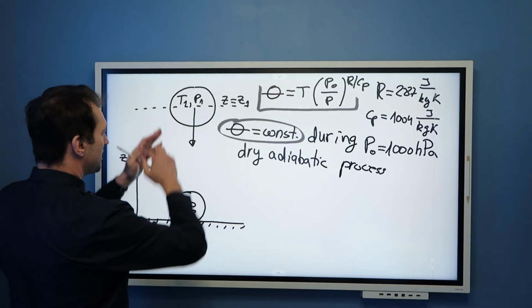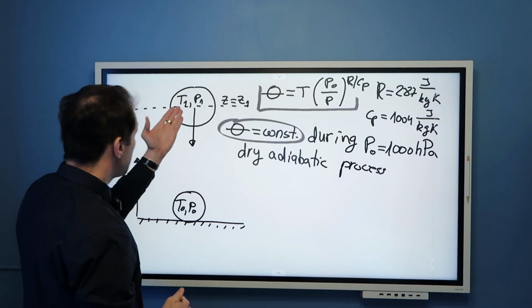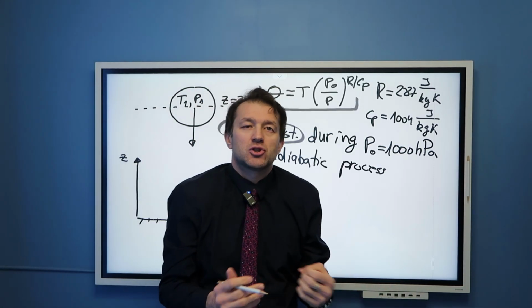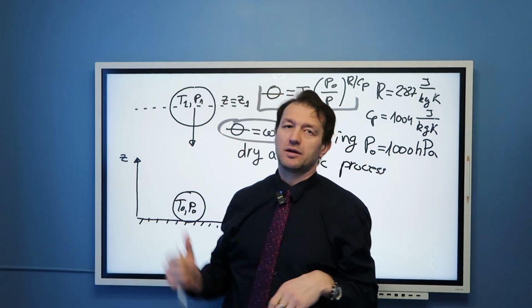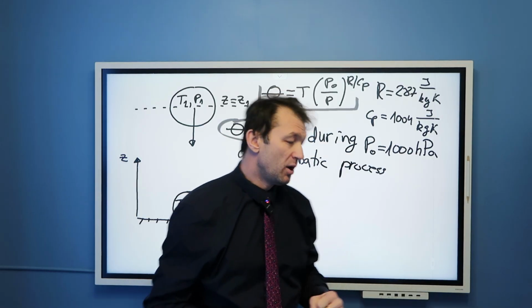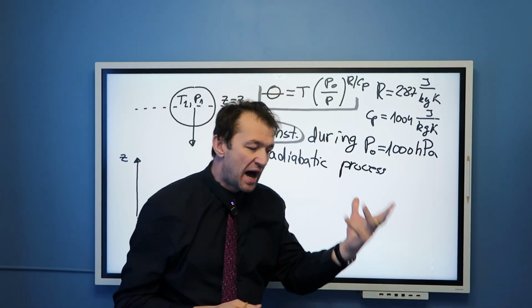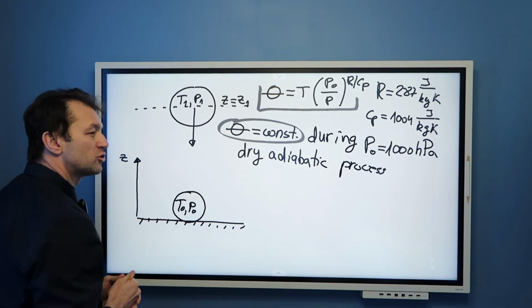Because you see, I take this air parcel and I start moving it left and right, up and down. Temperature and pressure will change. So how can I inject some dye, some color into it so I can see it? Well, we don't inject color or dye into this parcel of air to trace it.